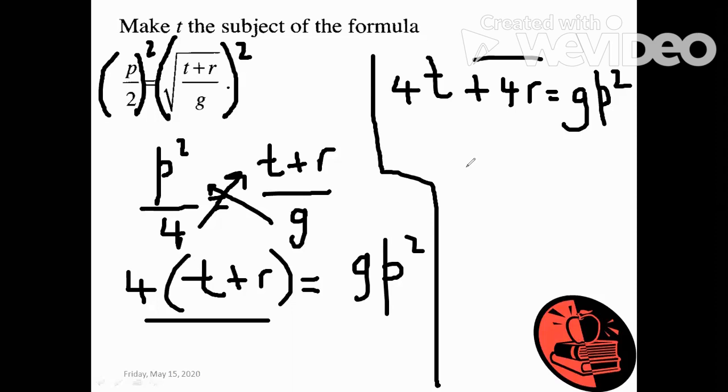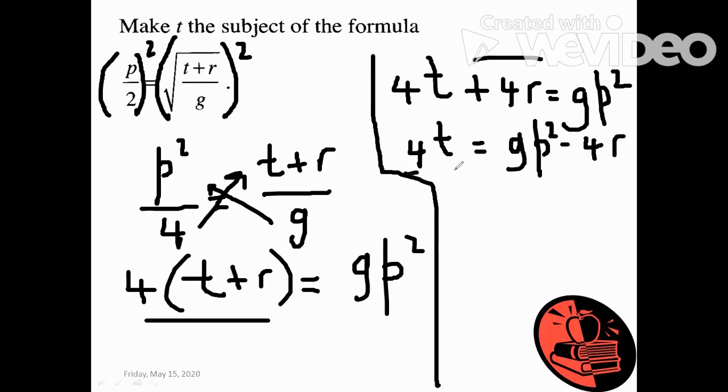If we subtract 4r on the left, the 4r will disappear. Because of space constraints, I'm really sorry about this. So this is gonna vanish if I subtract 4r. So we have g p squared subtract 4r.